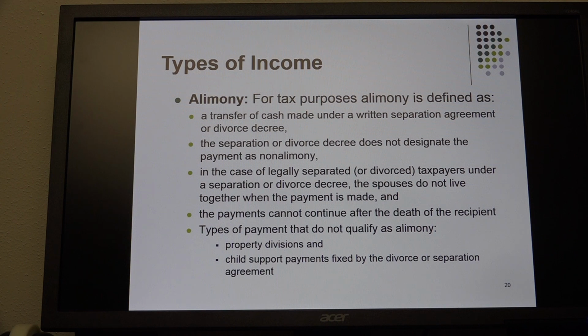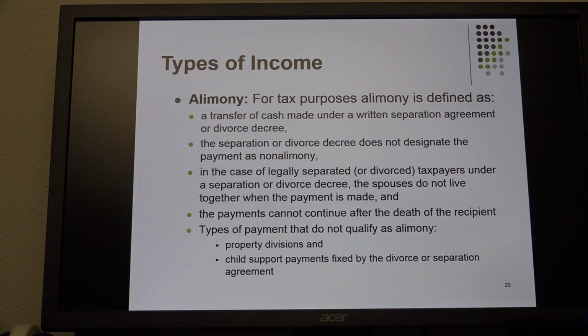Notice they're also not deductible by the person either giving the property over, or in the case of child support payments, child support payments are not deductible. So they're not deductible to the ones paying the child support, and it's not included in the income of those receiving child support.